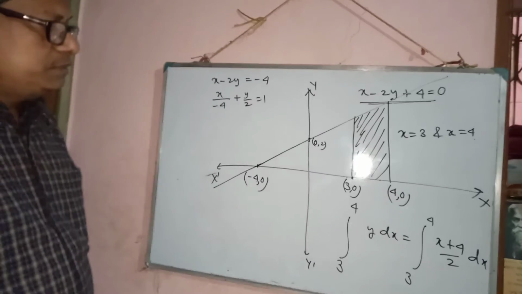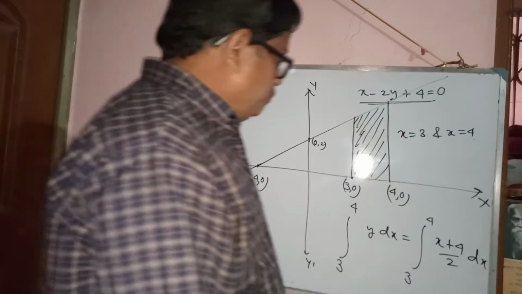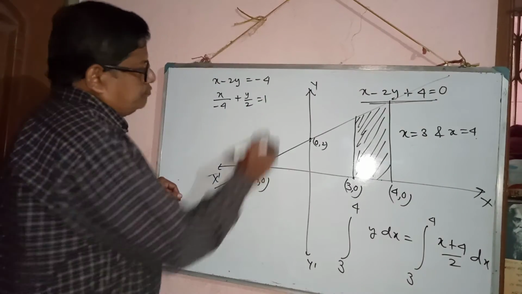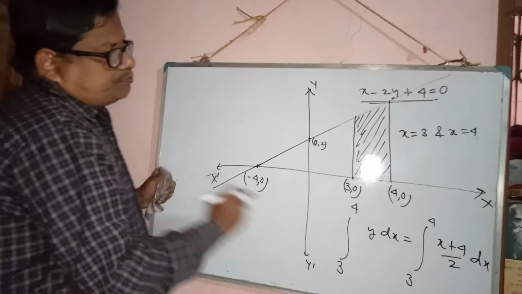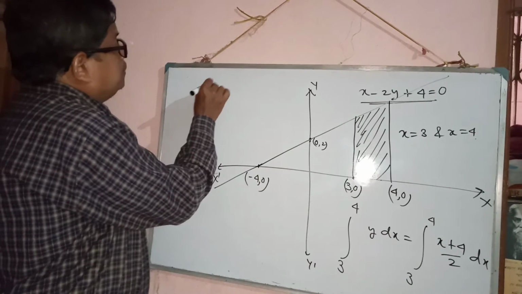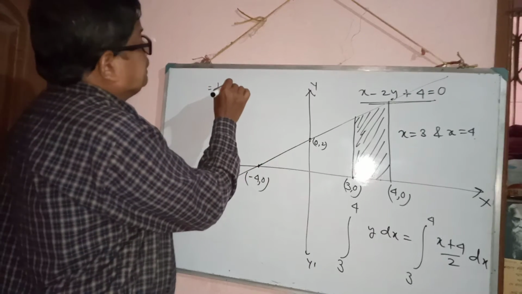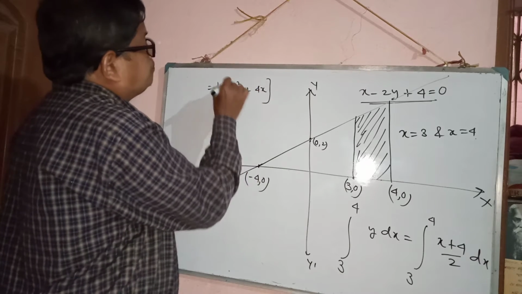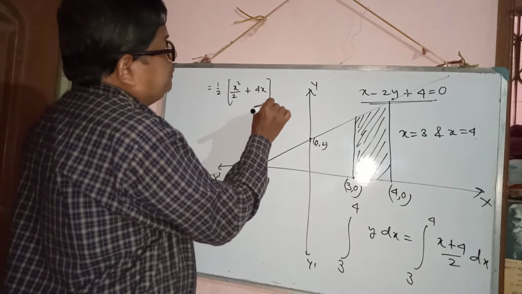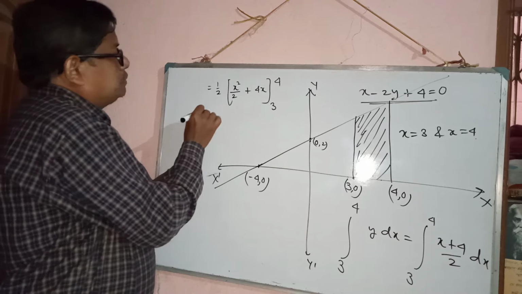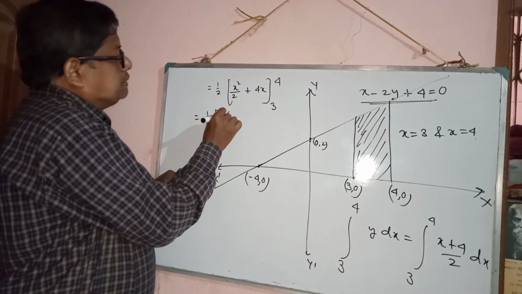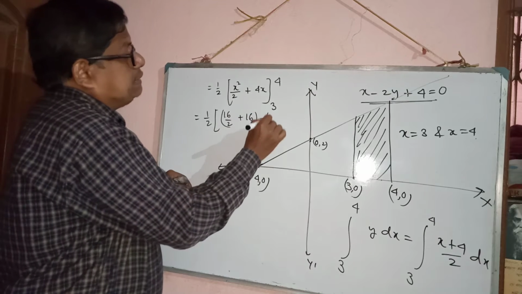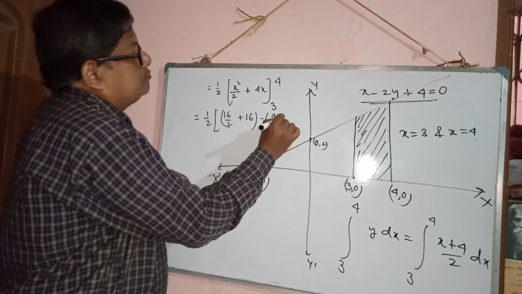Now how to do the integration? Half taken outside, it is x square by 2 plus 4x, from 3 to 4. Now half of 16 by 2 plus 16, minus 9 by 2 plus 12.